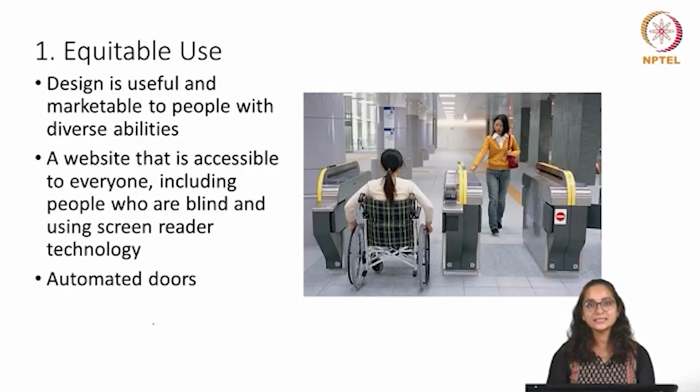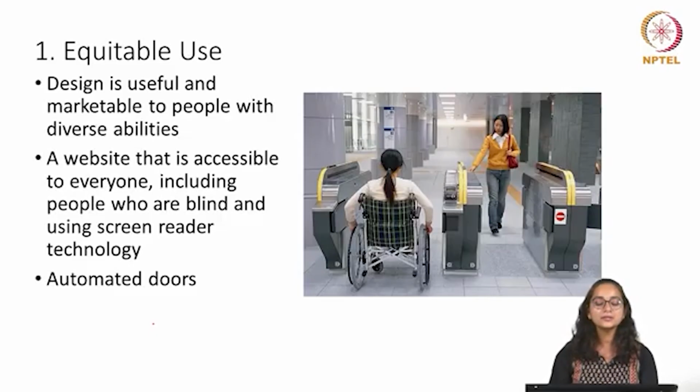So, the first is equitable use. What is the meaning of that? The design is useful and marketable to people with all kinds of abilities. I think based on our previous interactions, we have established that in some sense.